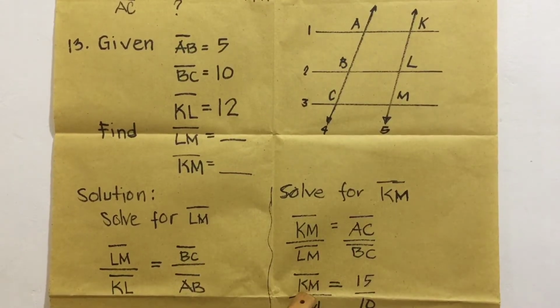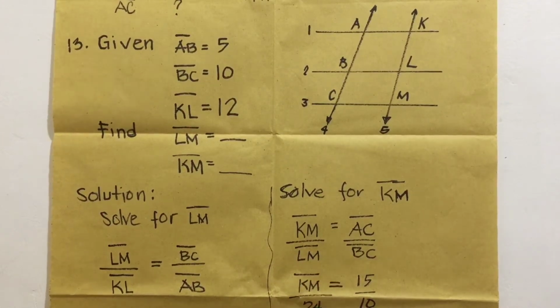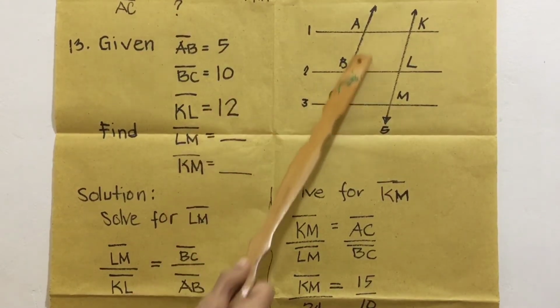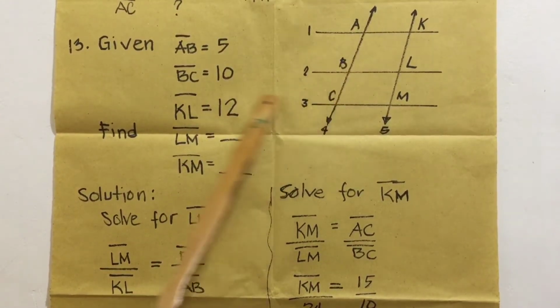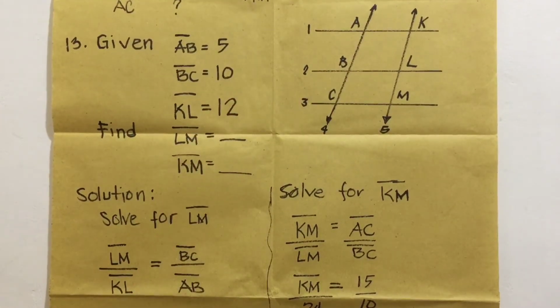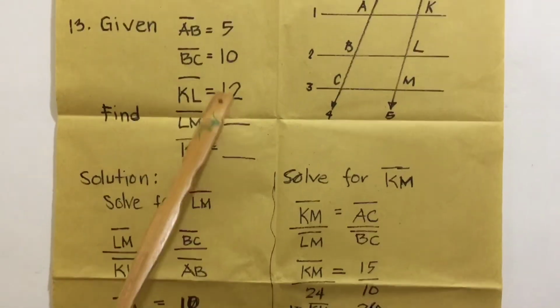Segment KM, which we don't have, over LM, which is 24, then AC, which we add AB and BC, so we have 15, and for BC we have 10.